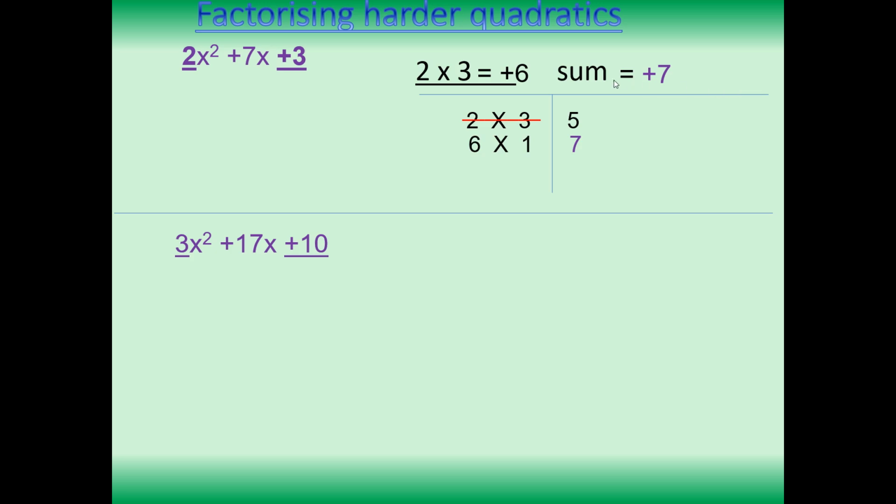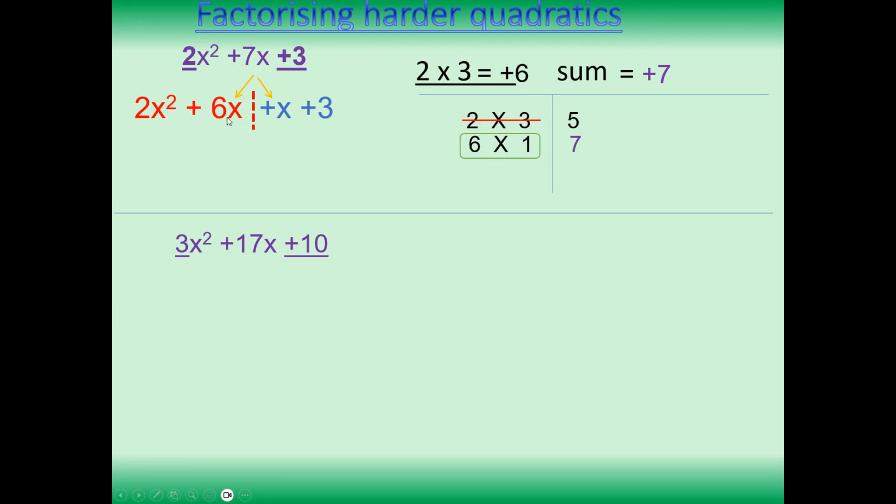6 and 1 do add up to 7. So then we're going to split this 7x up as 6x and 1x. Now it doesn't matter whether you write x first or 6x next; I'll show you after I've gone through this.